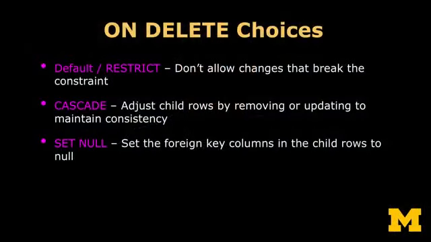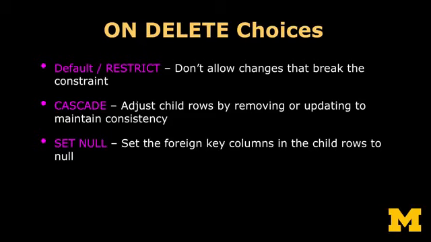If I said on delete restrict, that means don't let me delete things if it would break my internal data model, and you like that. It may seem wrong to you, like how come I can't do what I want to do? Well, then tell it you want to do that. Cascade is the one I tend to use because it keeps your data model clean. If you delete a parent row, you throw away the child rows so that consistency is maintained.